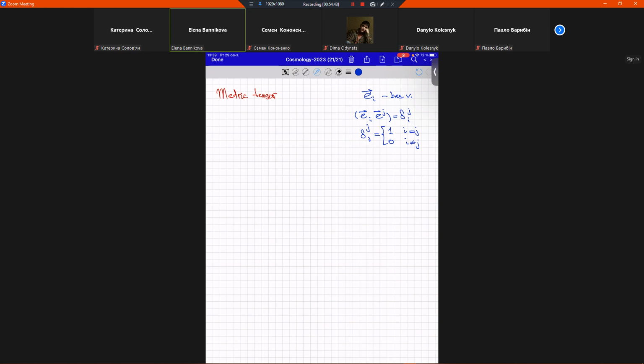So it means that we are using such a kind of orthogonal system. For example, we can try to represent this like this, and like this. Okay.